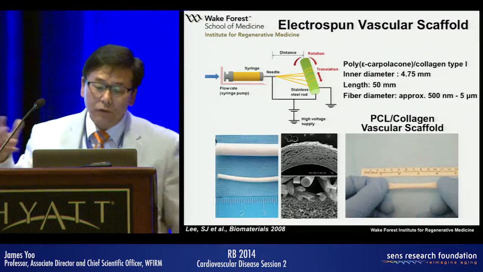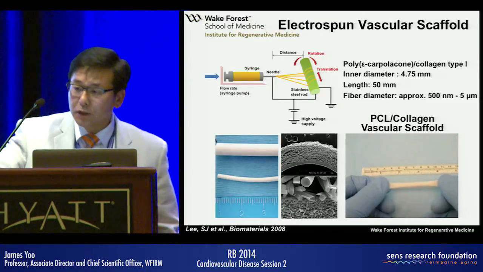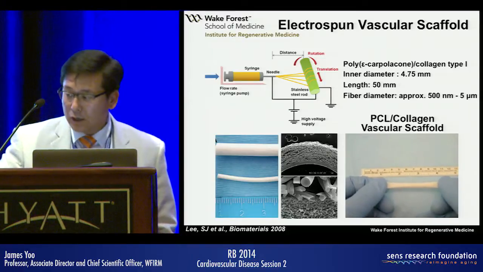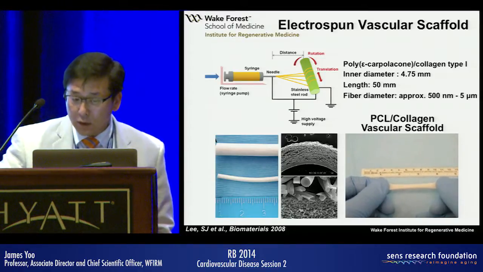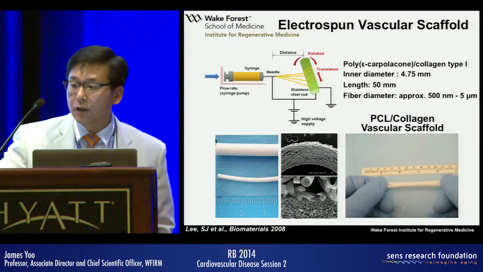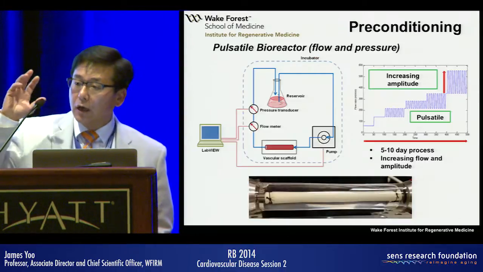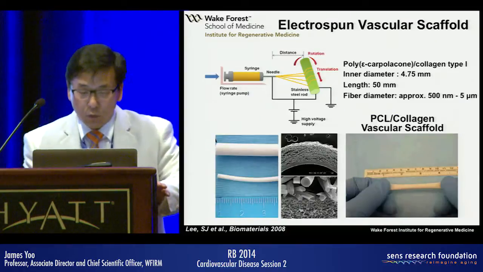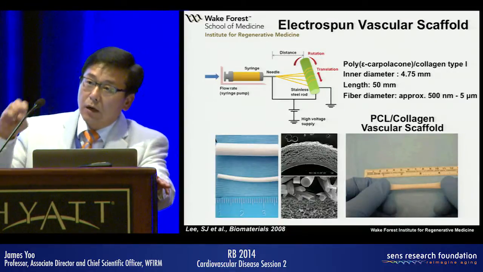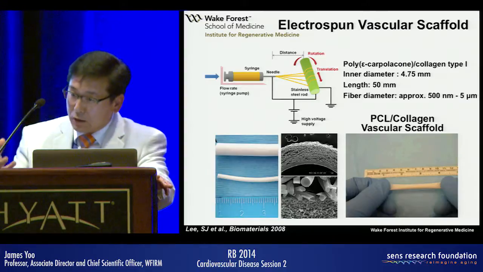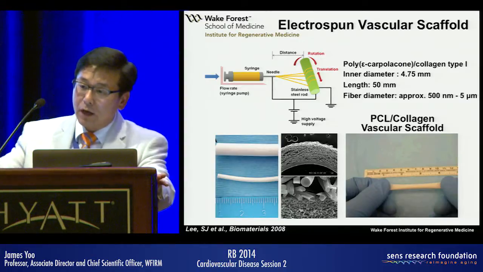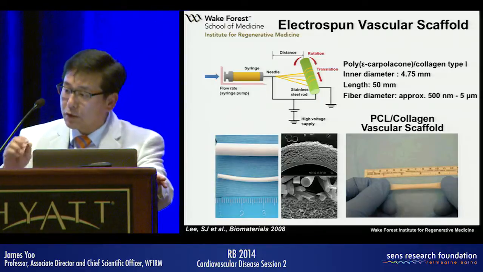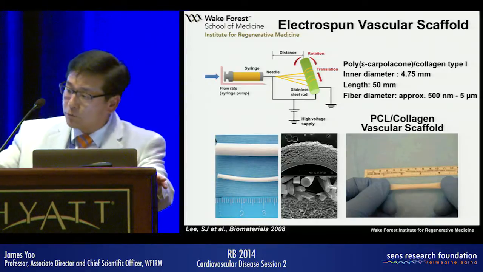So we initially used the electrospinning technique to fabricate our vascular scaffold. Electrospinning is a technique where you expose the polymers to a very high electric current, and if you do that, those polymers tend to form fibers.